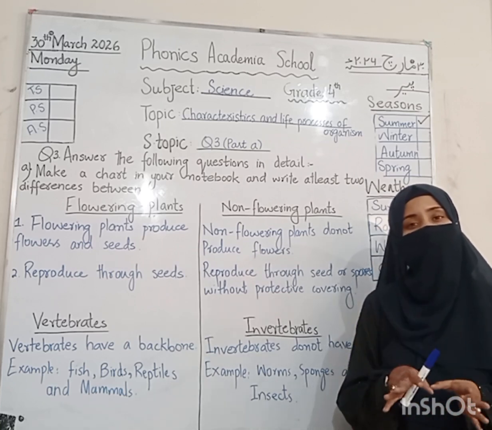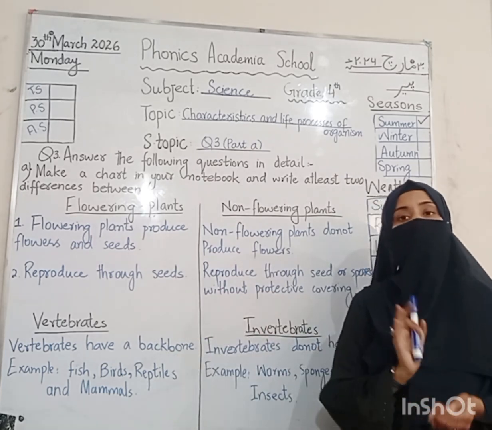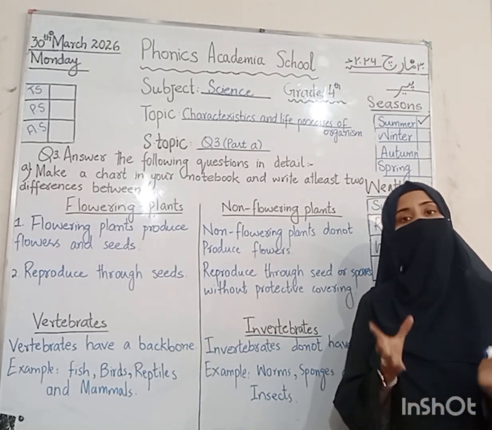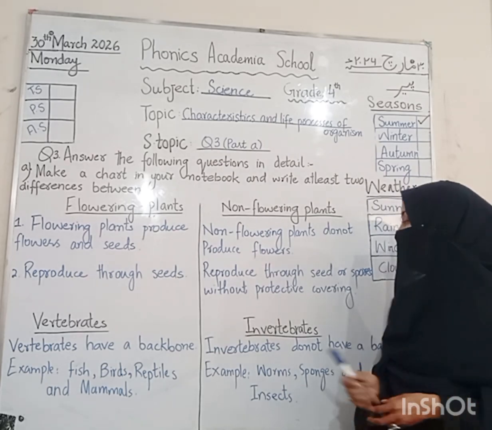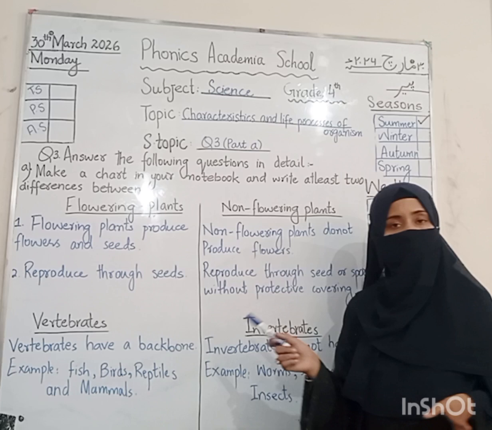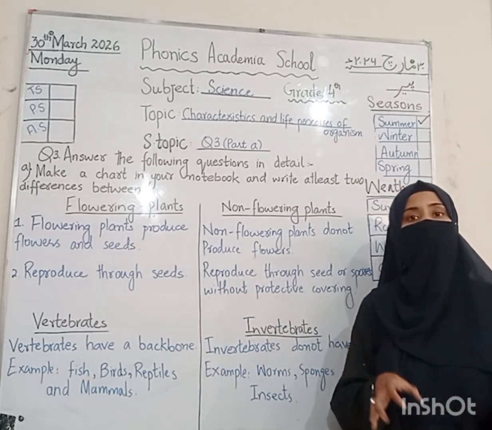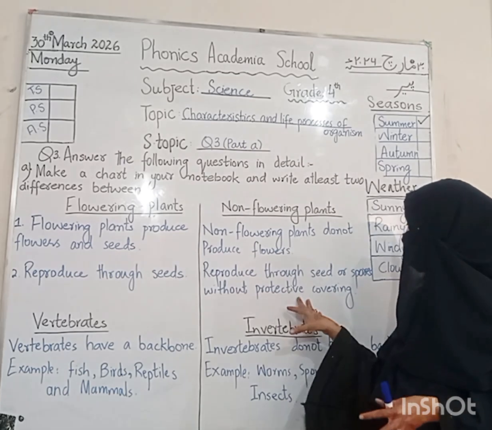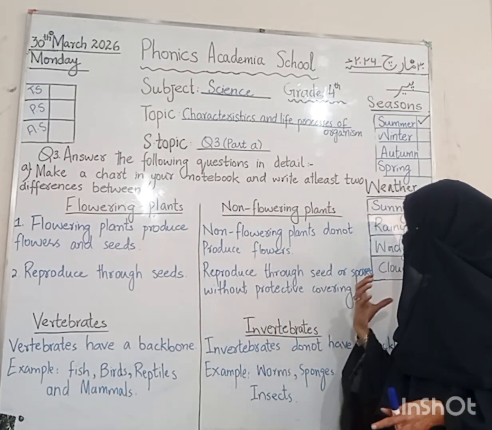Flowering plants have a protective covering, that is ovary or a fruit in which the seed has. But in non-flowering plants there is no protective shell or covering to protect the seed or spores.